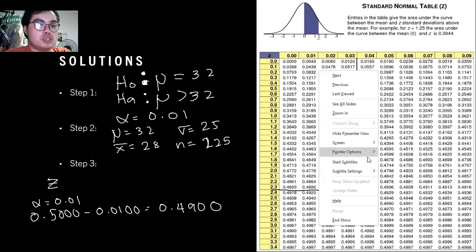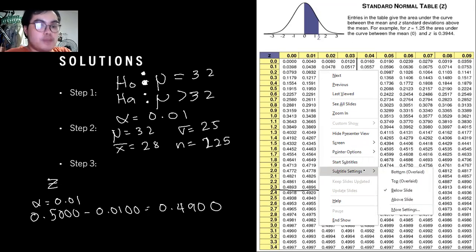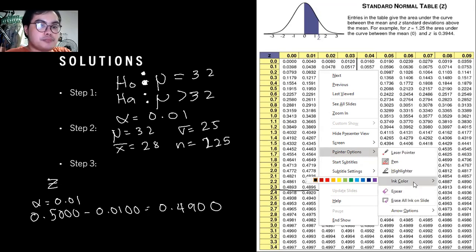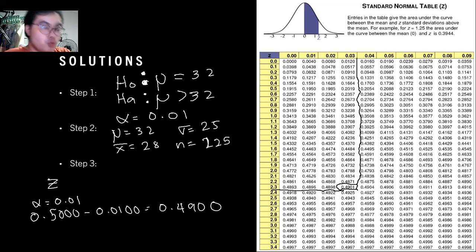The 0.4901 is closest to 0.4900. So the z value is 2.33. Okay, so the 2.33 is the z value.